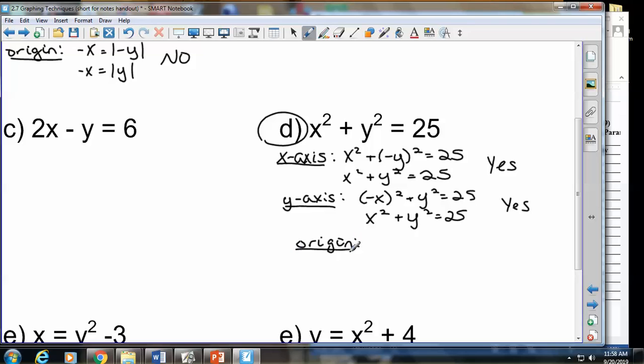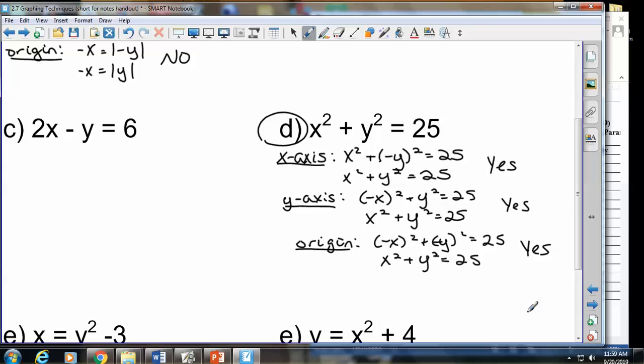How do we do origin? Both of them. The x gets a negative, and the y gets a negative. But squaring a negative gives us a positive, and so that one is also a yes.